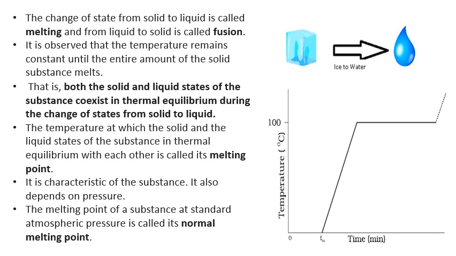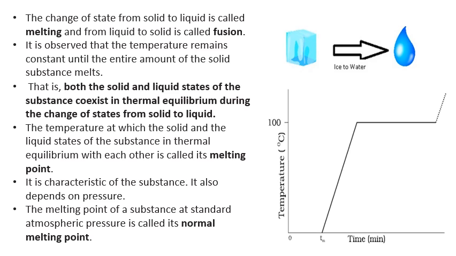It is observed that the temperature remains constant until the entire amount of solid substance melts. This is because both the solid and liquid states of the substance coexist in thermal equilibrium during the change of state from solid to liquid.